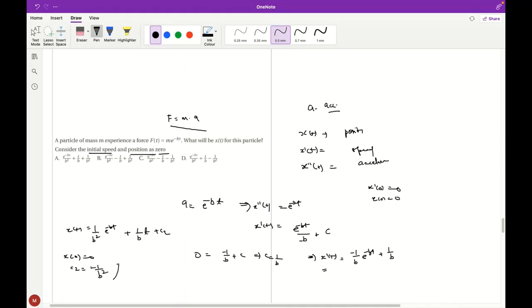Put this in the above equation, we will get x(t) equals 1 over b square e to the power minus bt plus 1 over b t minus 1 over b square, which is option B. No, it is option D that is correct.